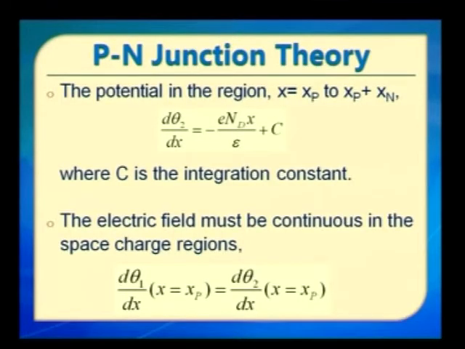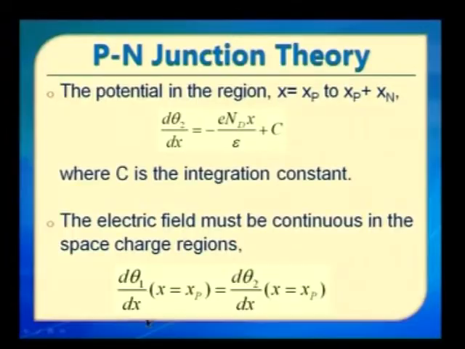The electric field must be continuous in the space charge regions, right. In the space charge region, the potential profile I showed, it will be continuous. So, whatever I am writing here, d theta 1 by dx at x p is what? That is the central line, that is dividing the depletion region. You start from 0 to x p, then you go from x p to x p plus x n.